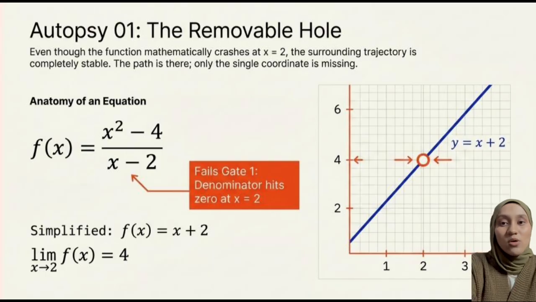After cancelling the common factor, the simplified function becomes f(x) = x plus 2. This means the graph actually follows a straight line, but there is one missing point at x equals 2. To find the limit, we substitute x equals 2 into the simplified equation. So the limit exists and the answer is 4.